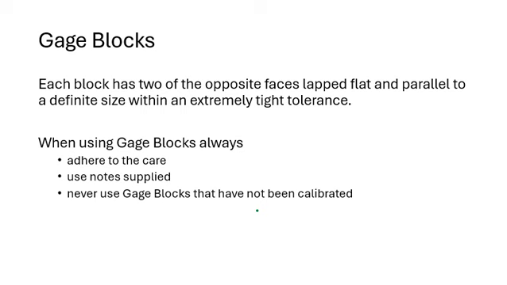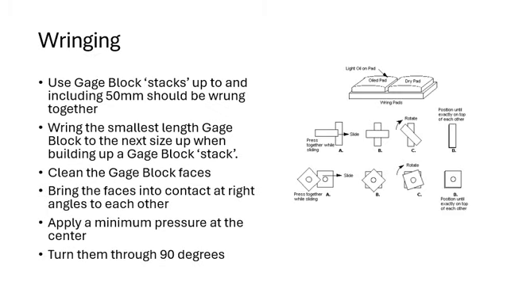Of course, in the lab it's kind of loose, and we sometimes just go in and use it without calibration, but it is good practice to calibrate before we use it. Ringing is like we can use these gauge block stacks up to, and including, 50 millimeter.